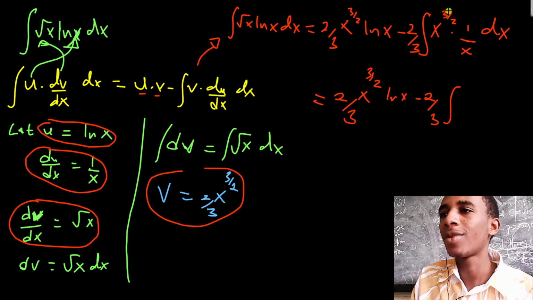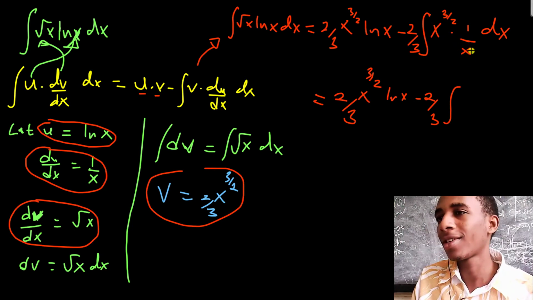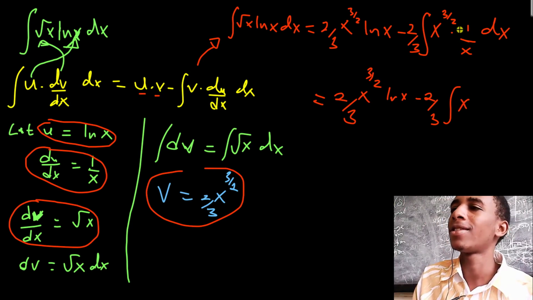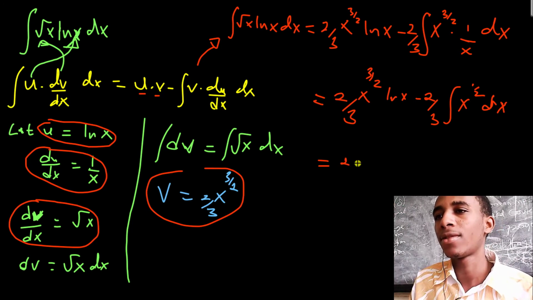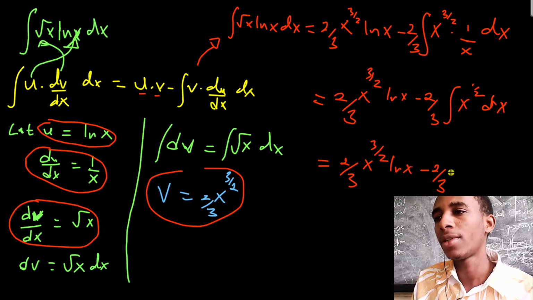Now if I have x to the power 3 over 2 times 1 over x, that's going to be x to the power half, dx.